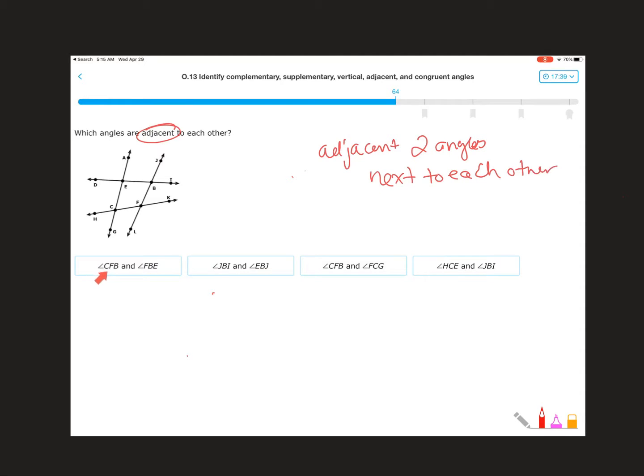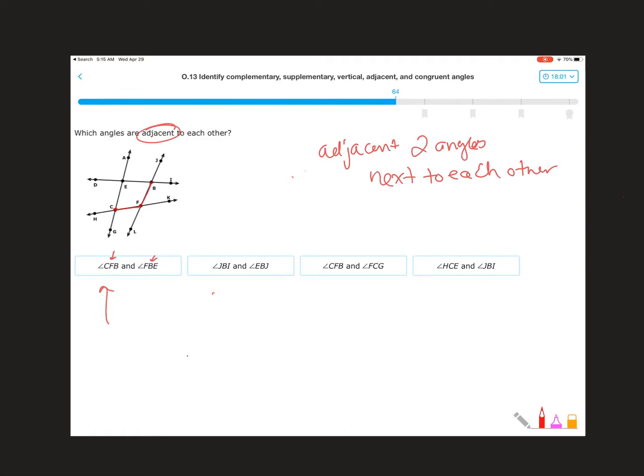C, F, B. So let's go to C, F, B. So now, are angle CFB and FBE next to each other? No, they are not.